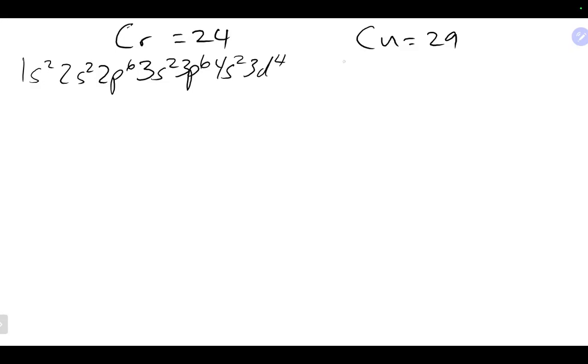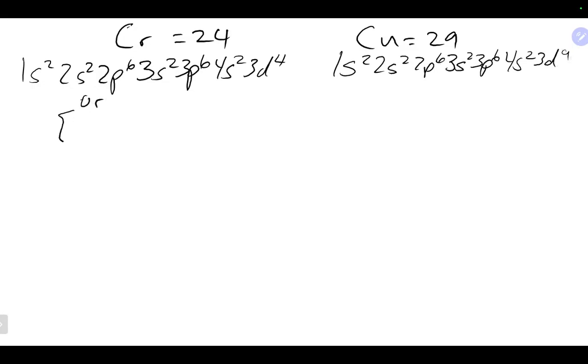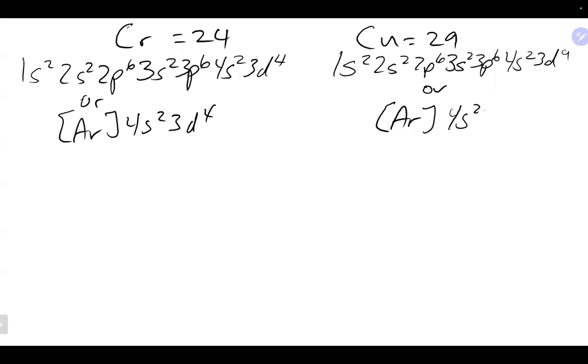And if you did the same thing for copper, you would end up with 1s2, 2s2, 2p6, 3s2, 3p6, 4s2, 3d9. Or in shorthand, argon 4s2 3d4 for chromium, and argon 4s2 3d9 for copper.